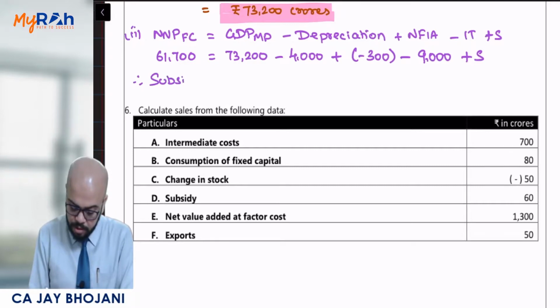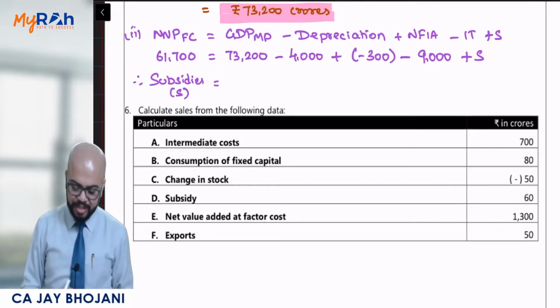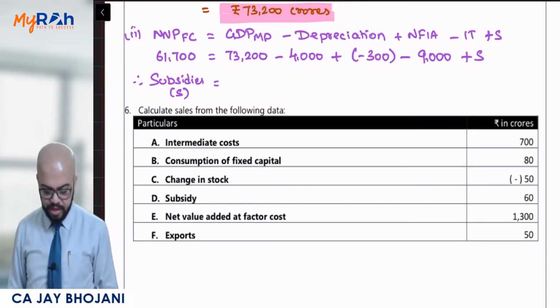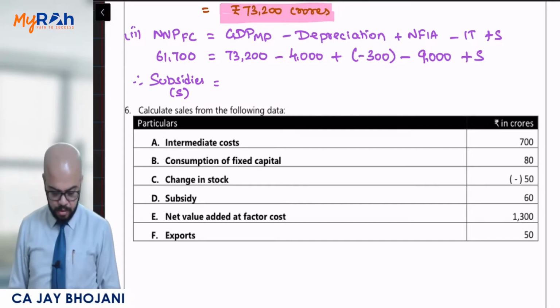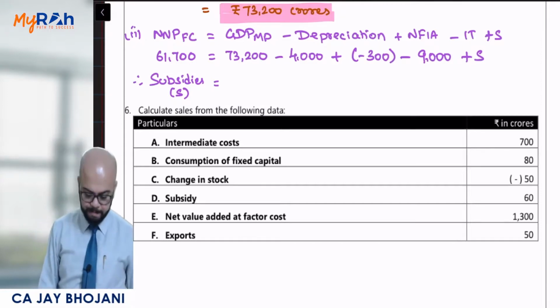Therefore, subsidies, that is S, equals, just make the calculations on the calculator and write the answer. 73,200 ... or it's 1,800.